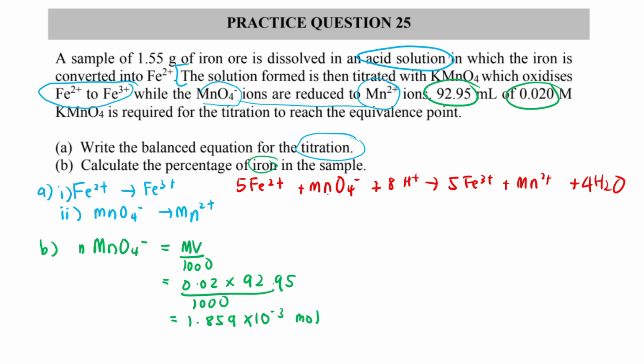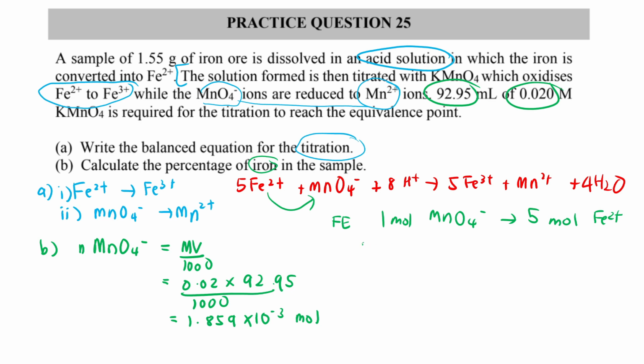So according to the equation, what is the relation between MnO4 minus and iron? 1 to 5. So from the equation, 1 mole of MnO4 minus reacts with 5 mole of Fe2 plus.